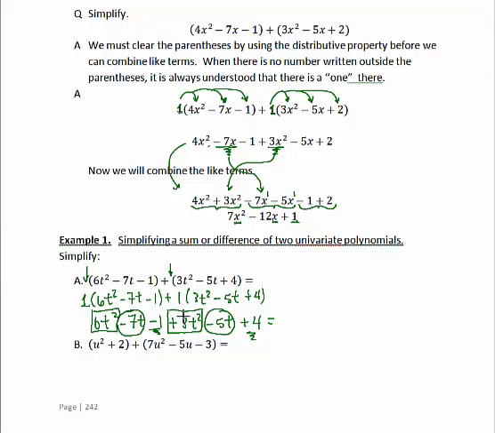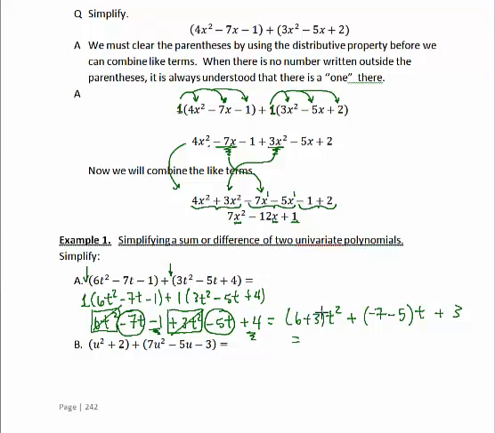We have a 6 plus a 3. We take the signs of the coefficients and we put the common variable part behind them. For the t term, and I've used the t squareds, for the t terms I have a negative 7 minus 5, and I put the common variable part behind them, the t. And then a negative 1 plus a 4 simply gives us a 3.